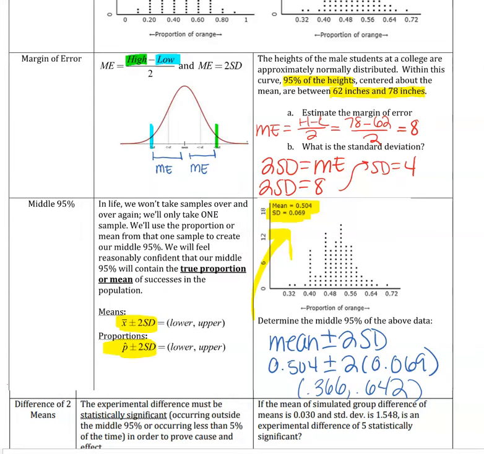Now, again, what this means is this is the reasonable interval for whatever population you're looking at. So the middle 95% of your data would be about from there to there, which throws out that outside 5% from your middle 95.